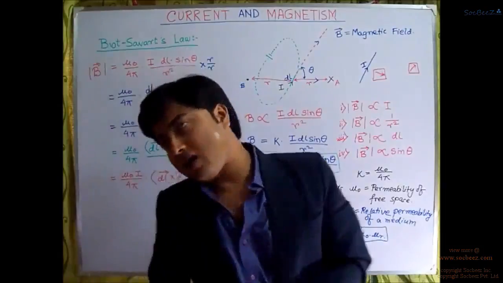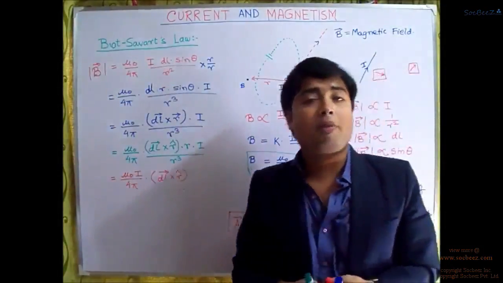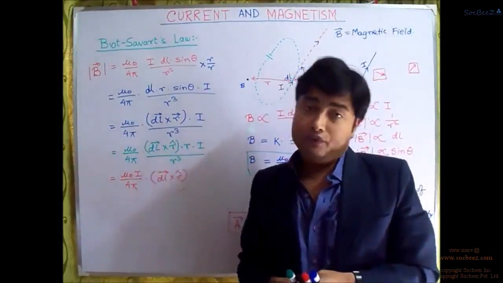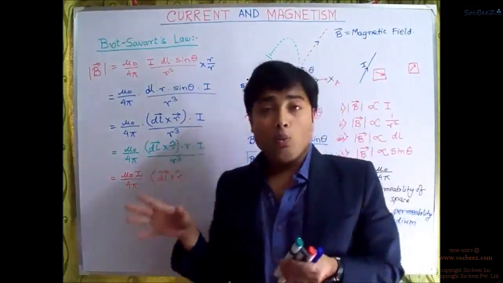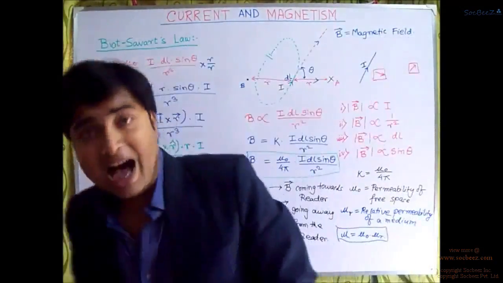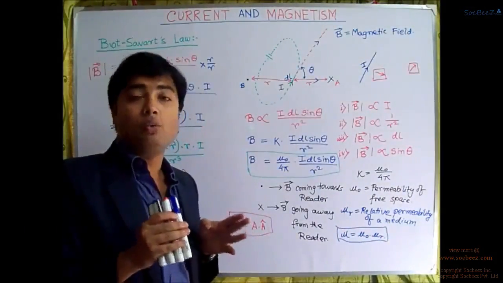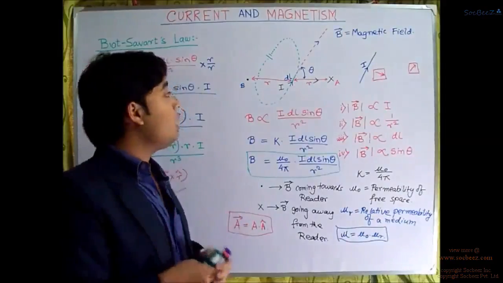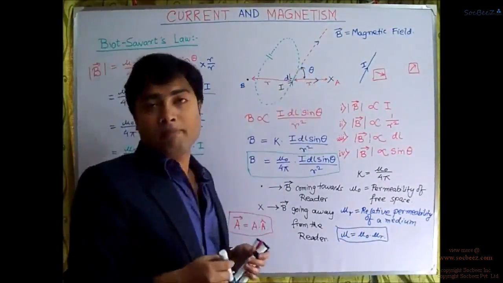And we have also seen the vectorial representation of the Biot-Savart law. As this is a cross product, dl and r lie in the same plane, and the direction will be along the axis mutually perpendicular to them, right?